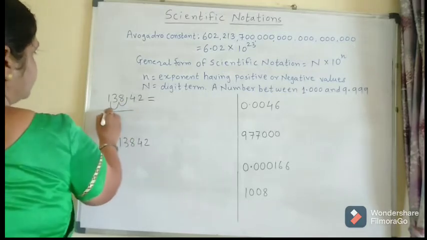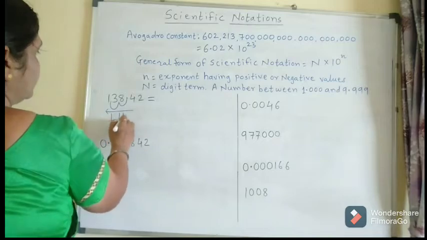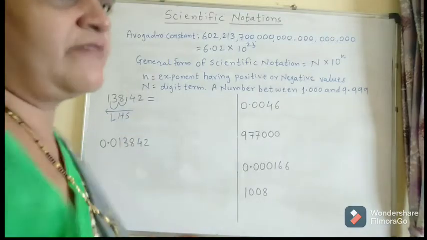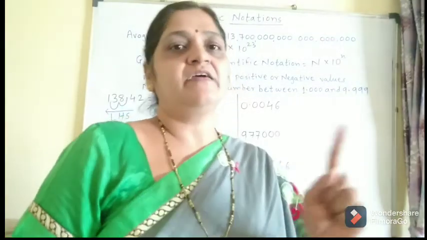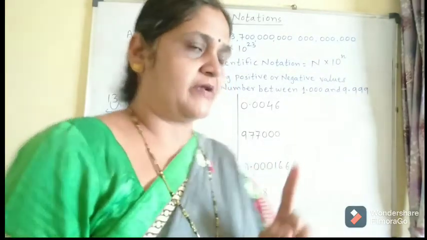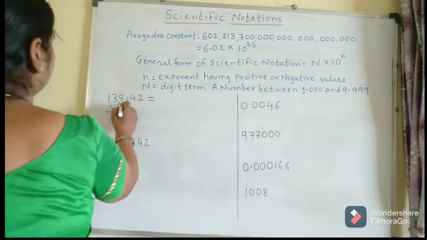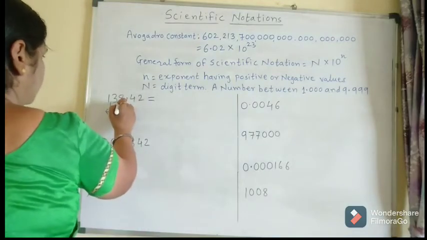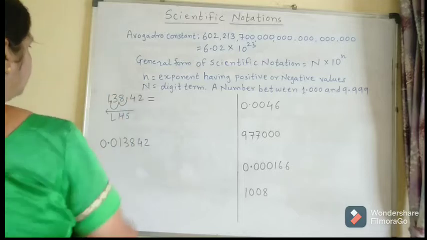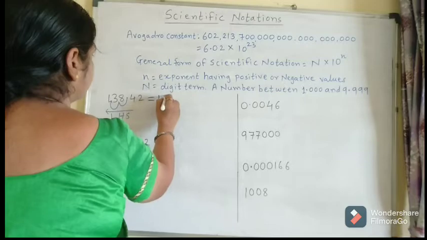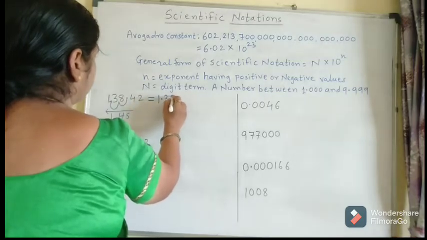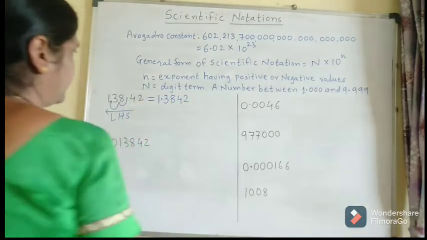I am shifting the decimal point to the left until there is one non-zero digit before the decimal point. I have shifted first here, then from 8 to 3, and after 3 there is a 1. So I am going to put the decimal point after 1 and write this number in this way.